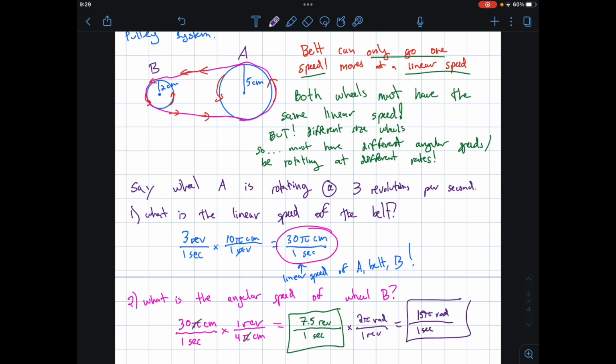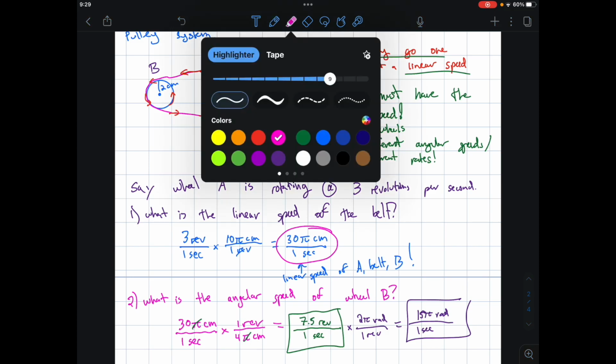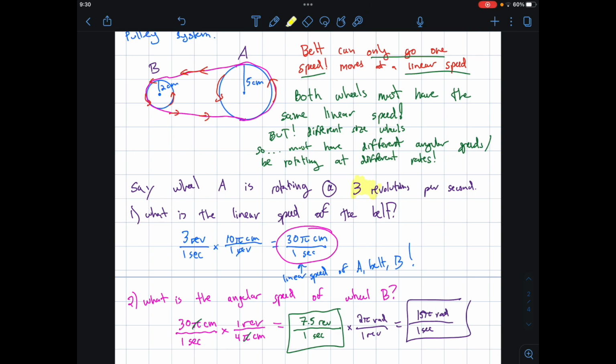For all of this to be the same, B must have a greater angular speed than A. A, if we recall, was rotating at 3 revolutions per second, so A is going around 3 times in a second. B must be going around 7.5 times in a second to have the same linear speed, because A sweeps out a larger area every time it turns around.